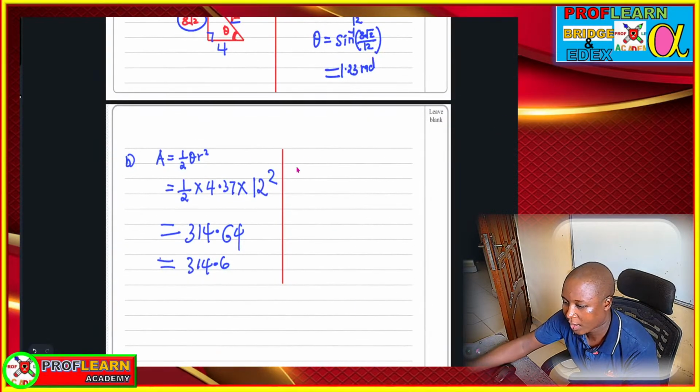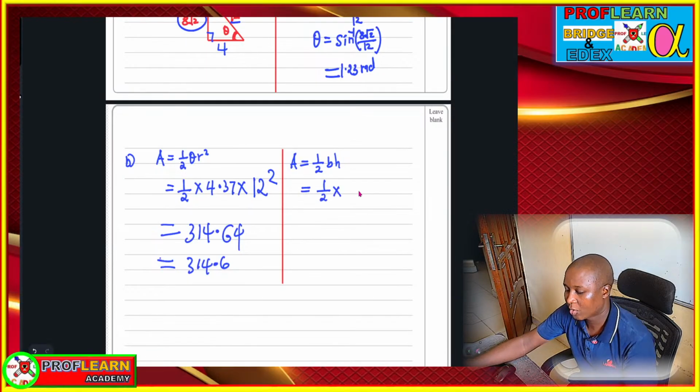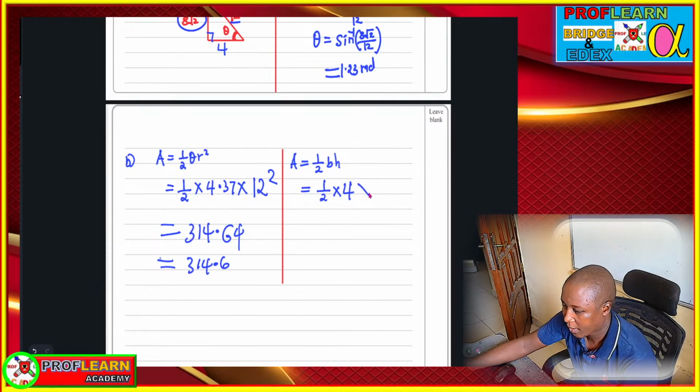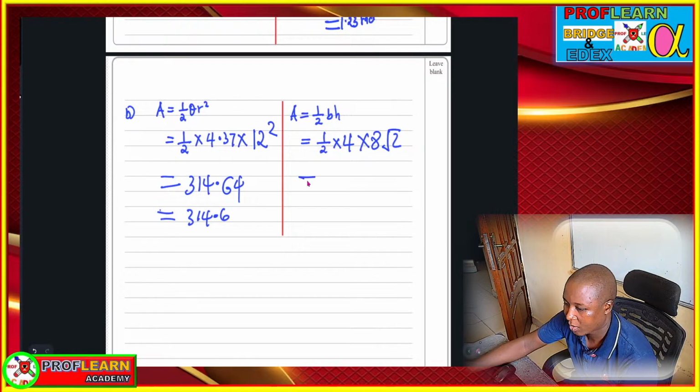So a half times 4 times 8 root 2, which translates to 16 root 2.